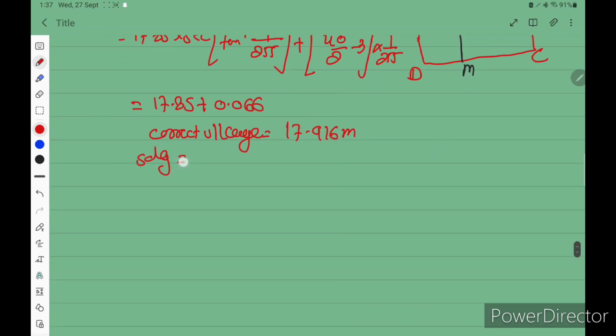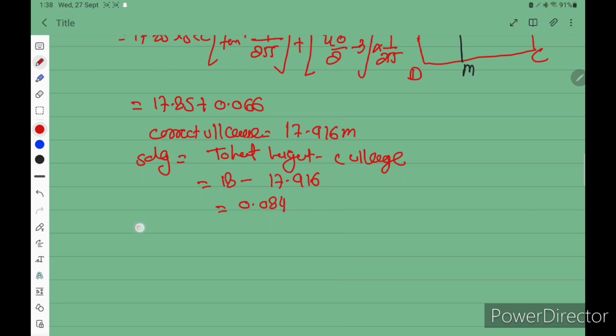Now sounding is equal to 18 minus 17.916. What is sounding? Total height minus corrected UH. So total height is 18 minus 17.916 is equal to 0.084.